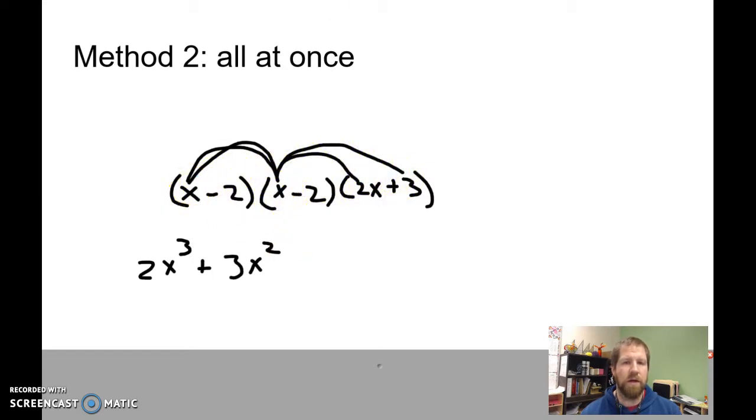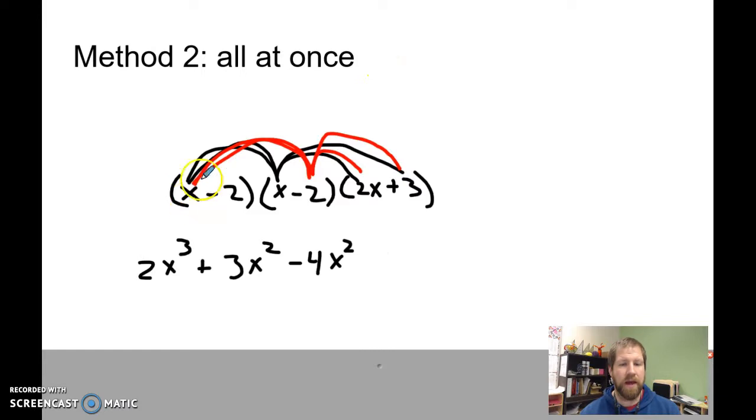So now I'm going to change color. I've got to go my first term to my second term to my first term. So x times negative 2 times 2x. Negative 2 times 2 should be negative 4, and x times x, negative 4x squared. Okay? And now first term to second term to second term.